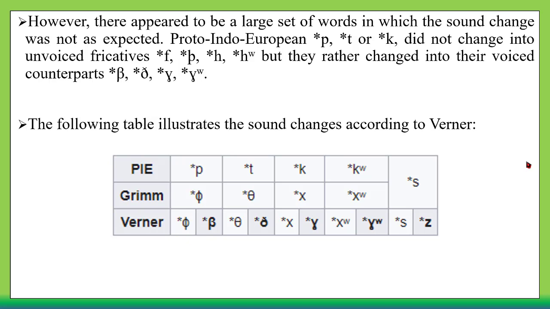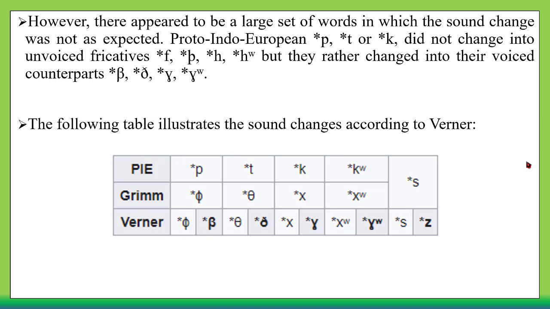The expectation of Grimm's law did not occur as expected. The voiceless stops p, t, and k did not change into voiceless fricatives, but rather changed into their voiced counterparts. This is something that Grimm did not expect, and then Verner came to resolve this situation.